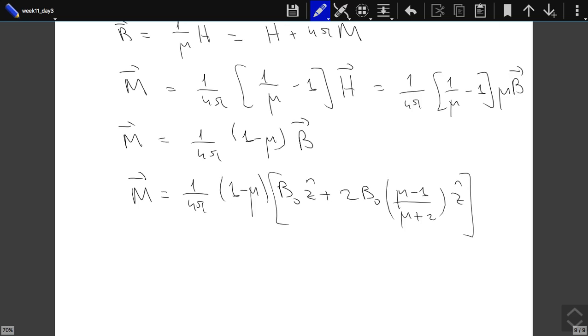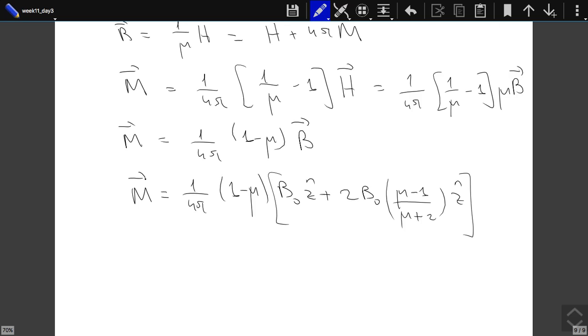Well, the thing that you should do will be more or less what we already did in electrostatics. We know an equation for the B field, divergence of B is 0, the curl of H is 4 pi over c times the free current, and we know how to relate B and H field, so we can just combine all of these and obtain an equation for B or the H field. Then you have the boundary conditions.